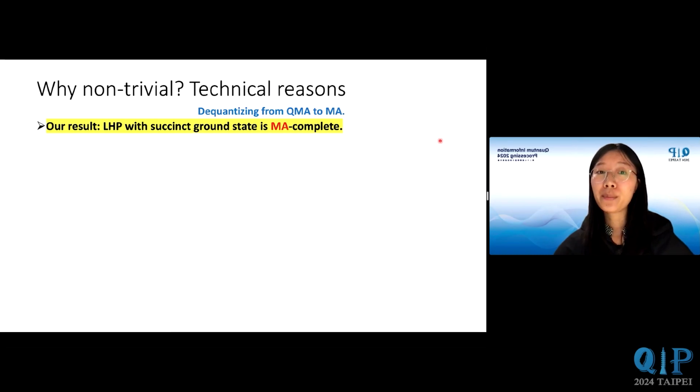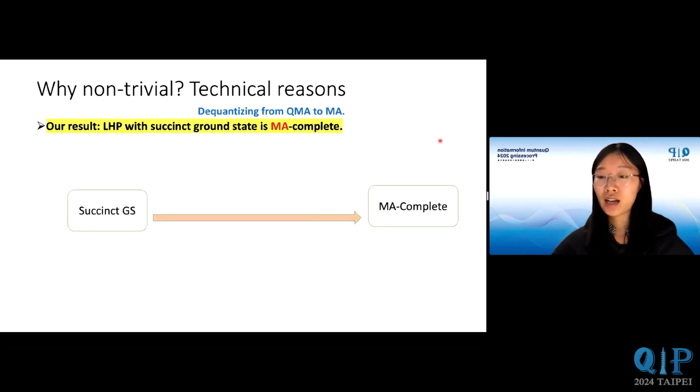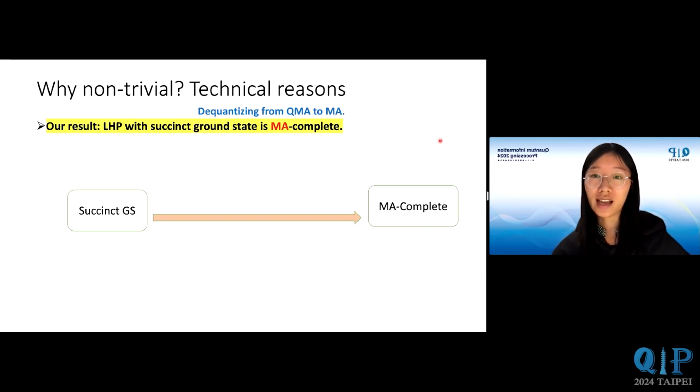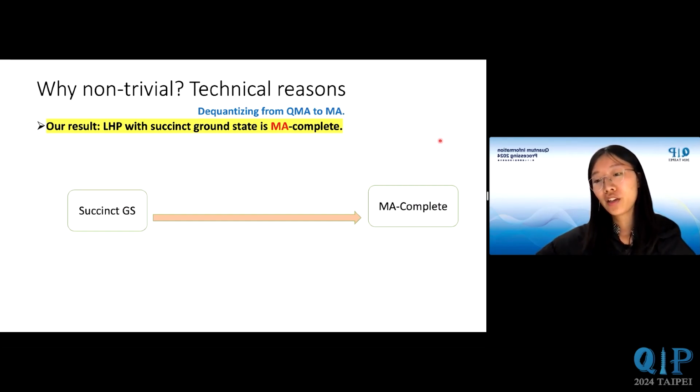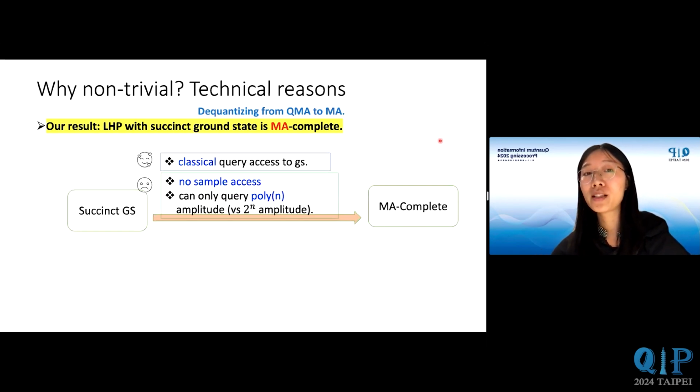Recall that we proved some kind of dequantizing result. And as you may already notice, the key factor which leads to such dequantization is that we assume we have a succinct ground state. If you try to reprove our main theorem by yourself, like you try to define an MA verification protocol, at first you might think this would be easy, because basically we try to design some classical verification algorithm.